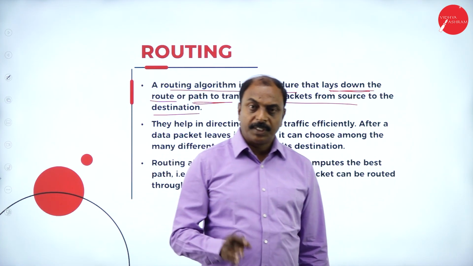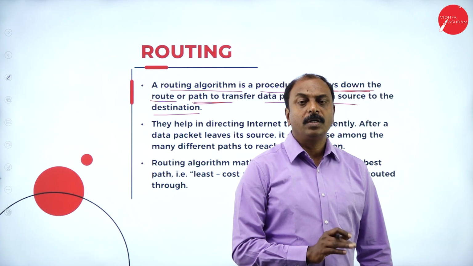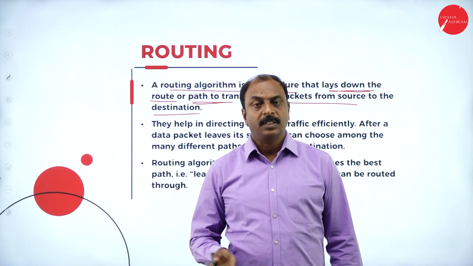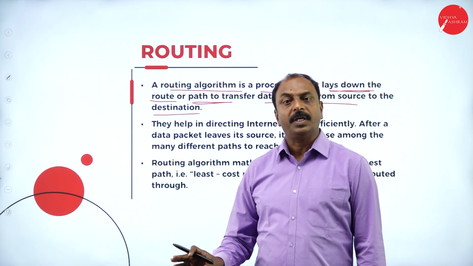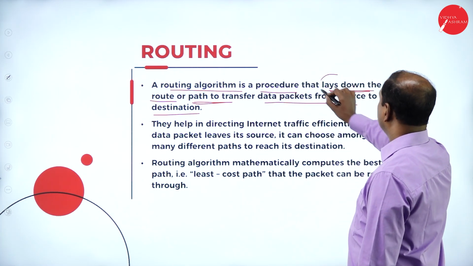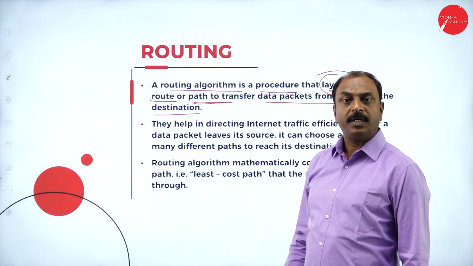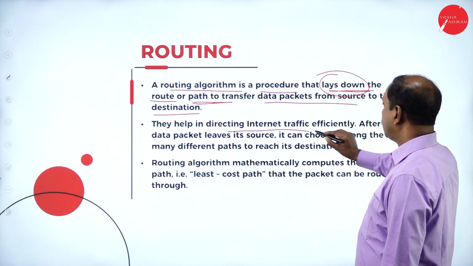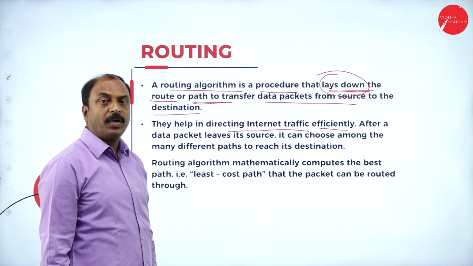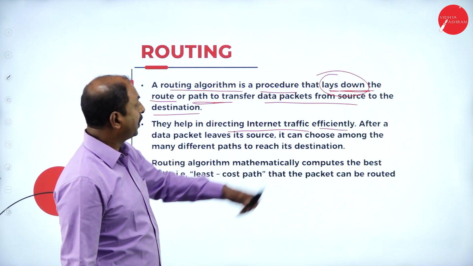It consists of all the paths available to reach the destination. All the details will be stored in the routing table of each and every router in a network, and they help in directing the internet traffic efficiently for efficient management of data traffic.